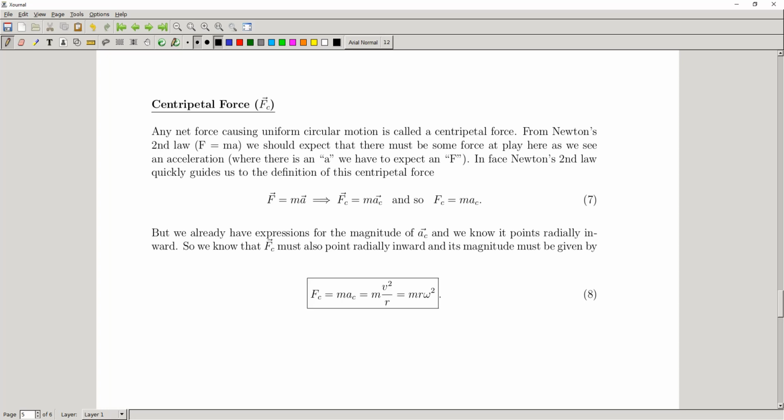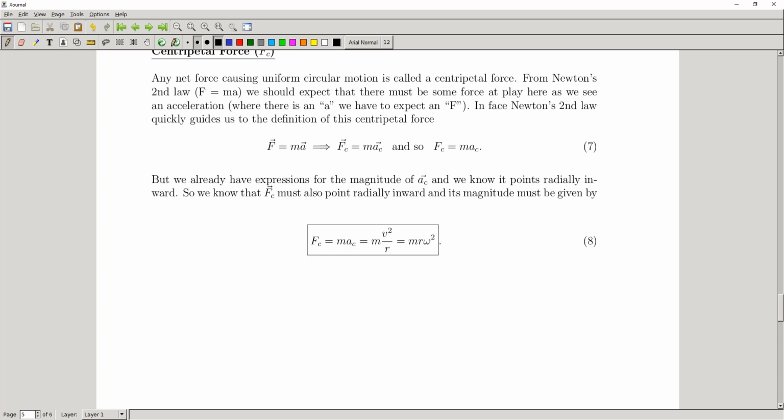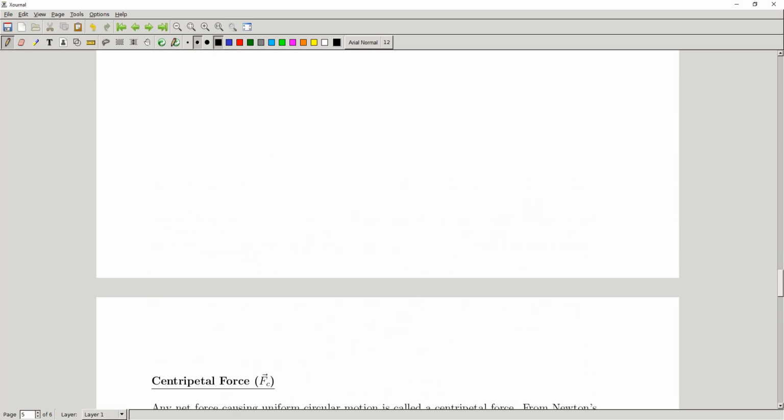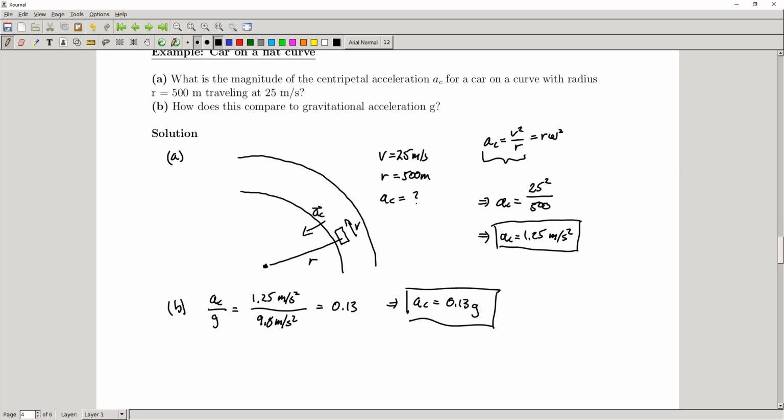Okay, and we'll use this in an example in a second, but I just want to point out a quick thing here. Any net force causing uniform circular motion is called a centripetal force. So what would be a centripetal force? If we think about our above example, what would be the force causing the centripetal acceleration here?